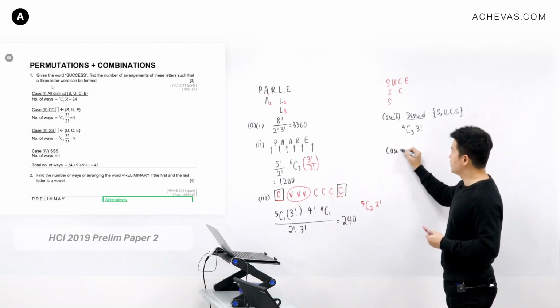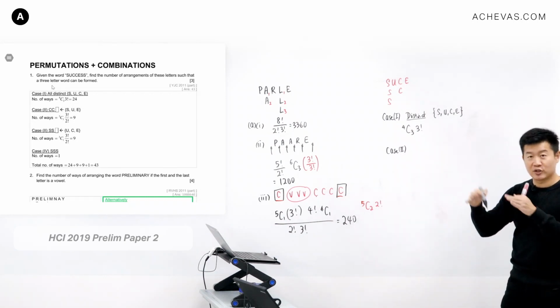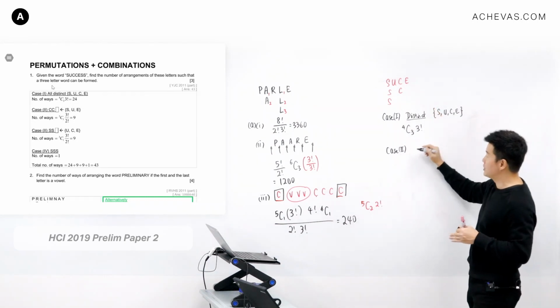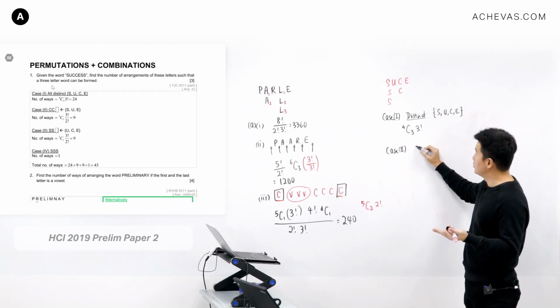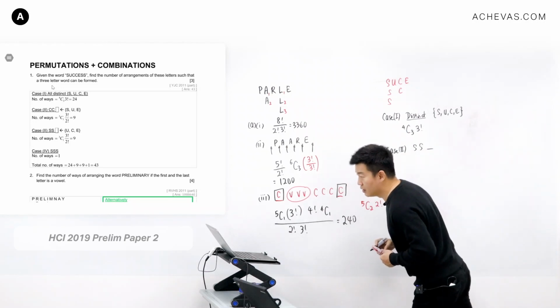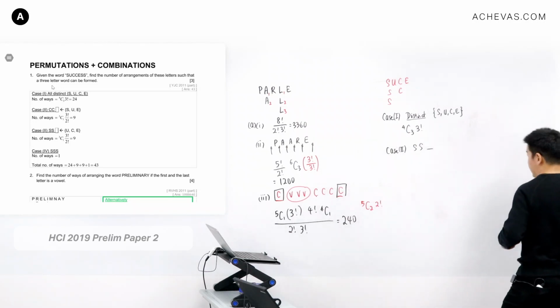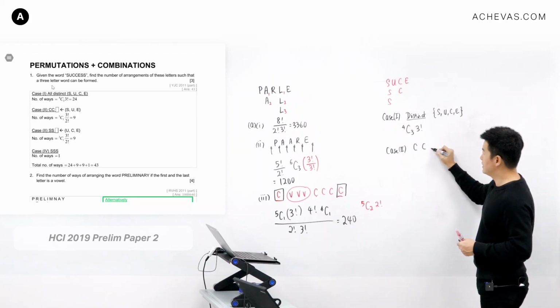Then case 2. Case 2, again, my aim is to try to list down based on the problem. And the problem is with the identical objects that is going to appear in the 3 letters. So case 2, I can go for example, SS something. Okay, I went for CC something.